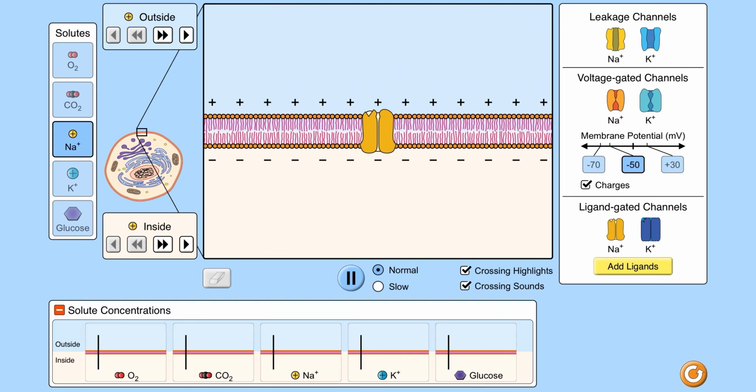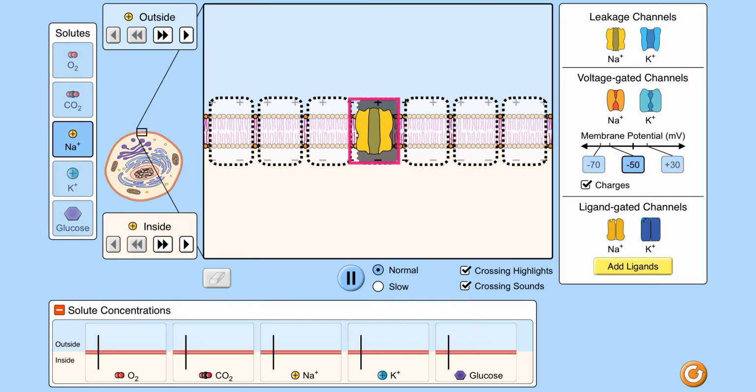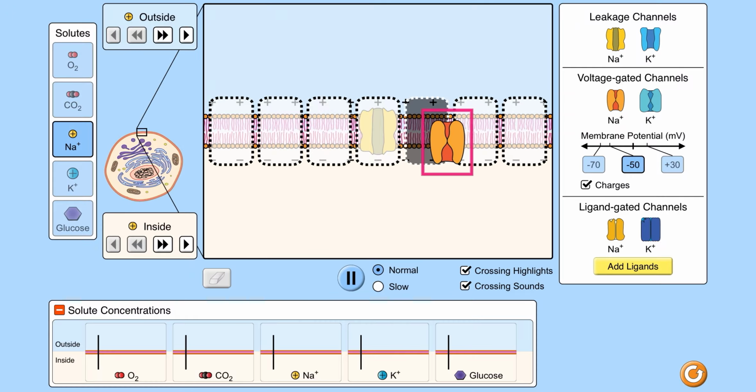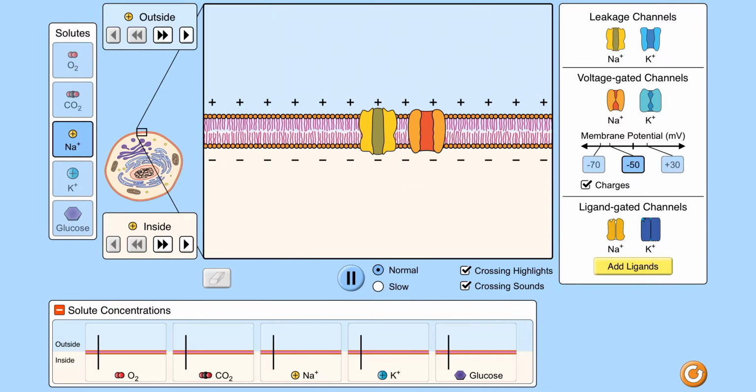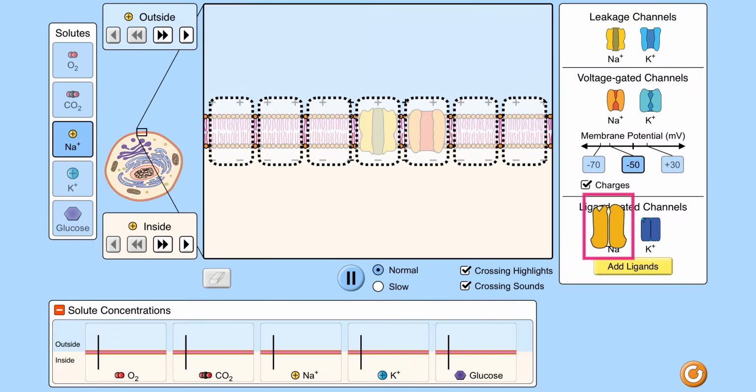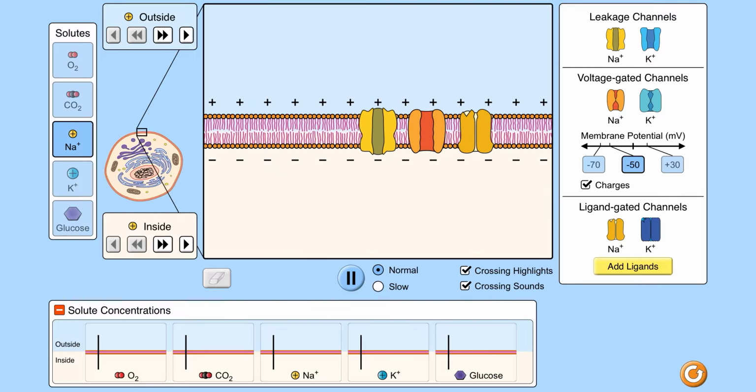Whether it is an always open leakage channel, or an electric sensitive voltage gated channel, or a chemical sensitive ligand gated channel, these proteins are vital for keeping our cells functioning.